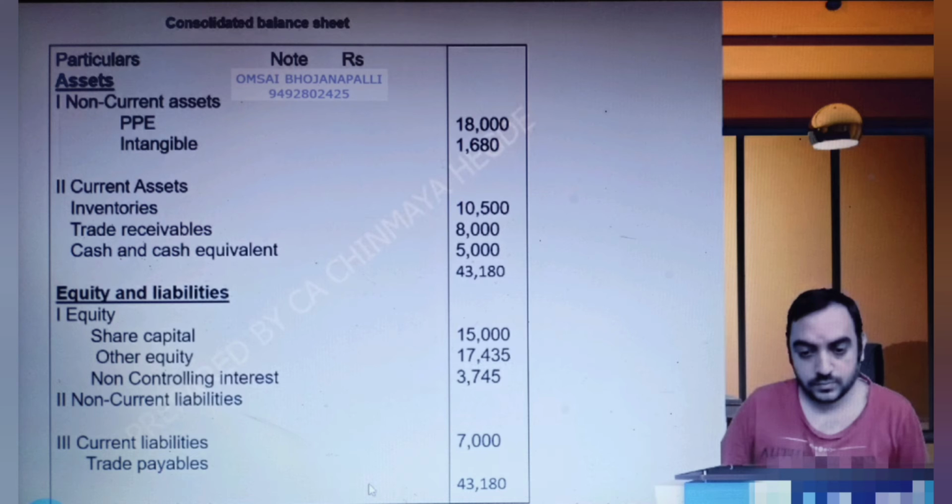It was acquired 2 years ago. So 2 years you multiply. I think you get 750. And here also 3,500 divided by 4 into 2. So 1,750. Differential, you get 1,000. Additional depreciation.